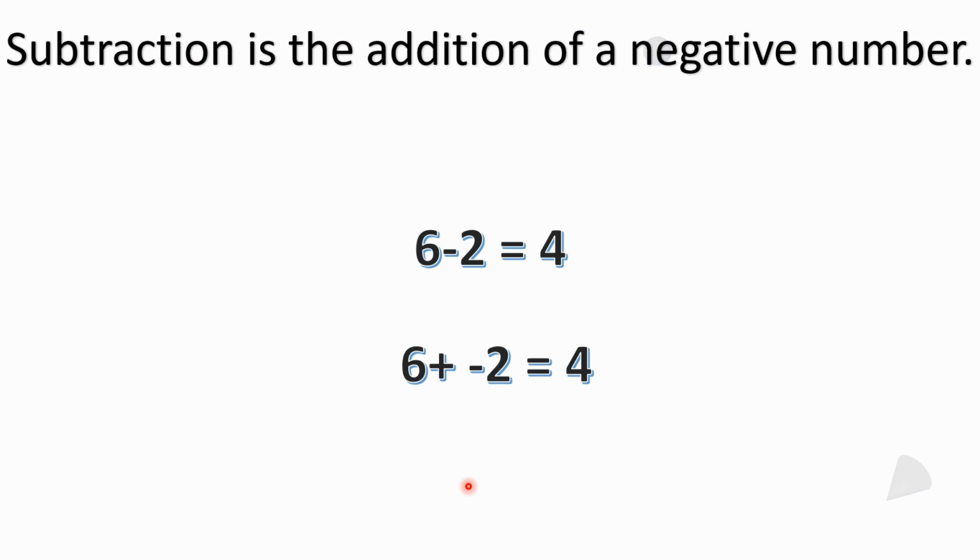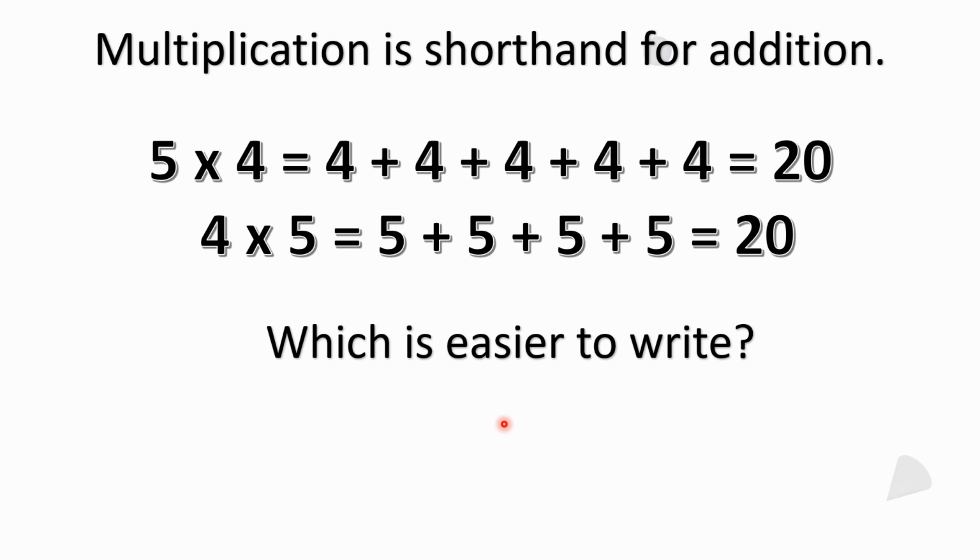Subtraction is the addition of a negative number, and here it is again. 6 minus 2 is 4. 6 plus negative 2 equals 4. And again, multiplication is nothing more than shorthand for addition. 5 times 4 is the same thing as adding 4 5 times, which equals 20. 4 times 5 is the same as adding 5 4 times, which equals 20.